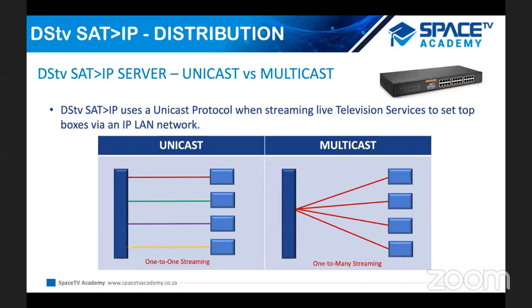So unicast is a one-to-one stream. Each endpoint gets its own unique stream, whereas multicast is one-to-many, so more than one device can share a stream. It's quite important to understand the difference between unicast and multicast.